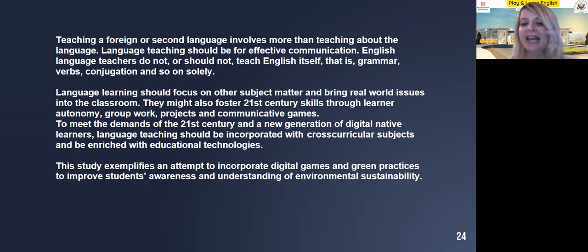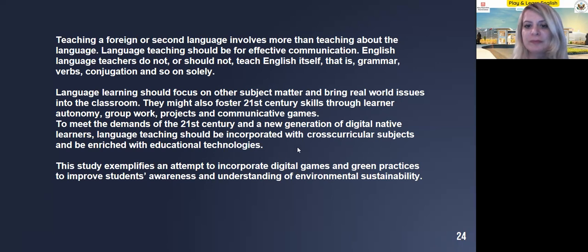And that practice can also be enriched with educational technologies. And in this study, the idea was to incorporate digital games and green practices together to improve students' awareness of the environment, understanding environmental sustainability, and having a CLIL lesson enriched with a digital game, actually.